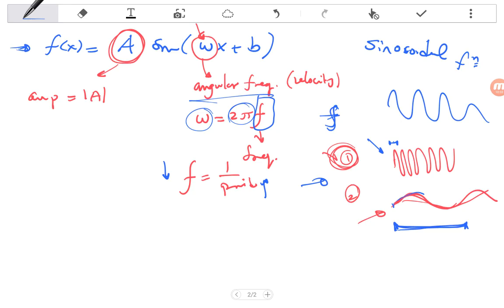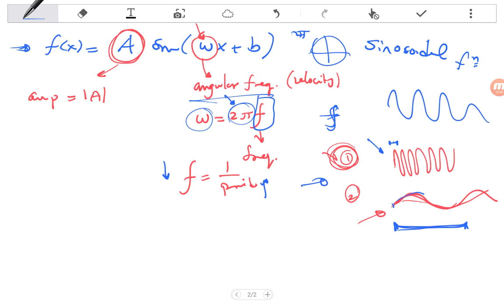How many cycles do you do in a second, for example? That is a frequency. Okay. When you multiply it by 2 pi, you get what angle you cover in a second. A total cycle is represented by an angle 2 pi.